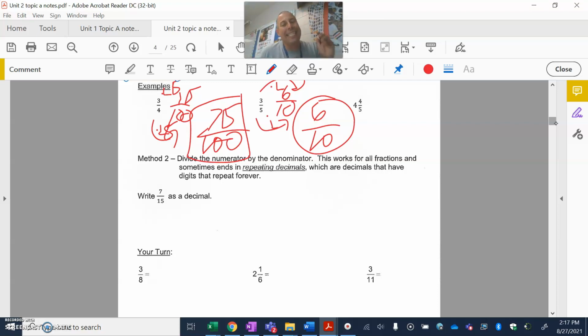So it's not a worthwhile process. The thing we want to make sure we realize is that the fraction bar means to divide. So 3/8, that really means you're trying to divide, take the 8 out of the 3.